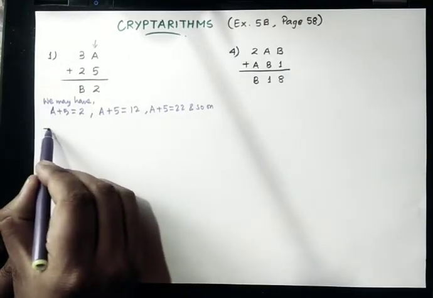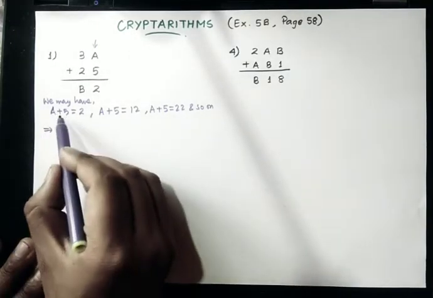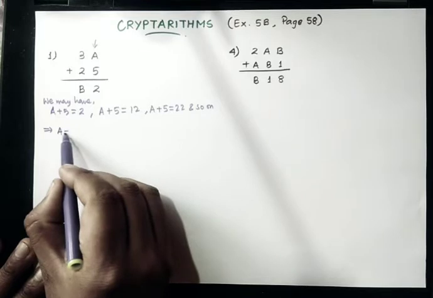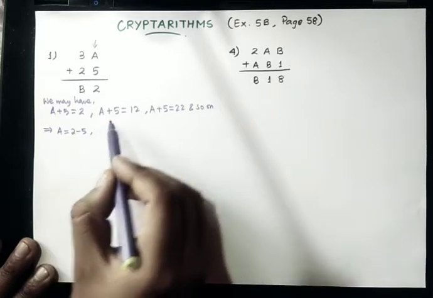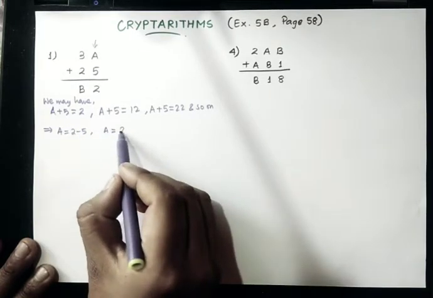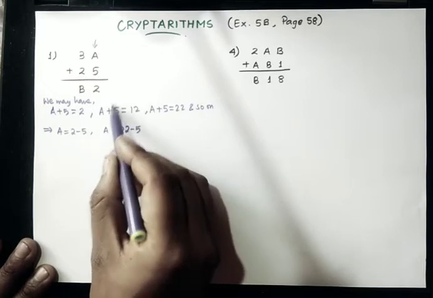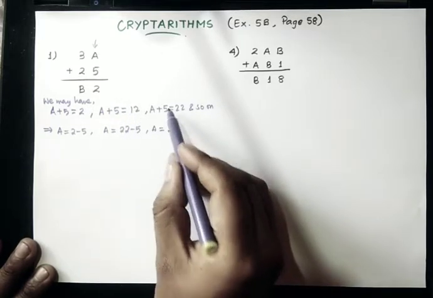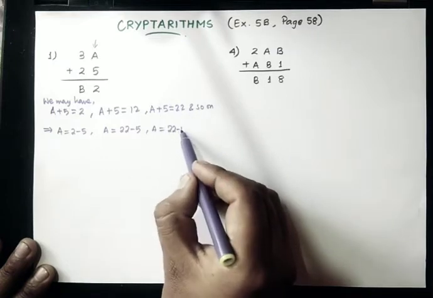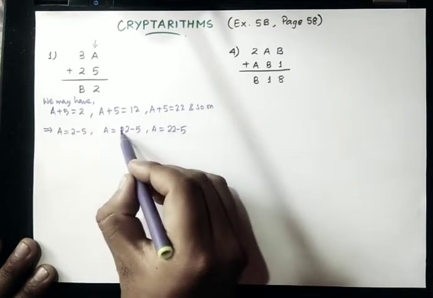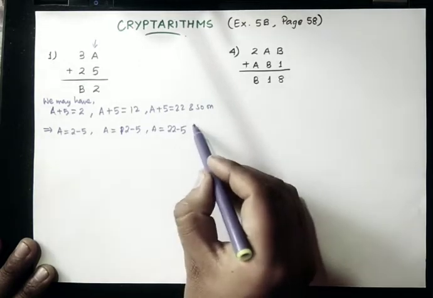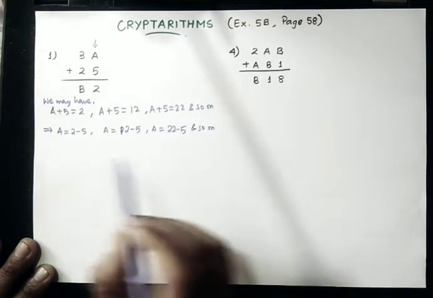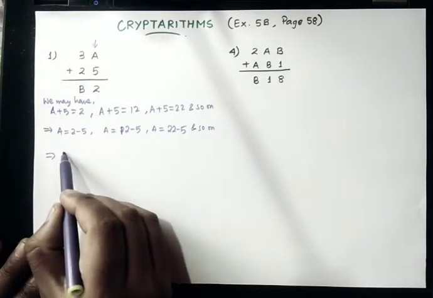So let's see what happens to the value of a. From here a will be 2 minus 5, from here a will be 12 minus 5, and so on. So what is the value of a?